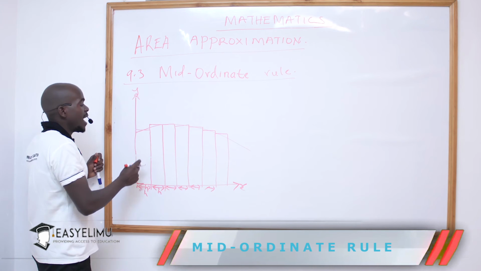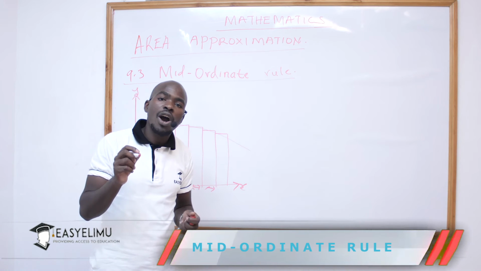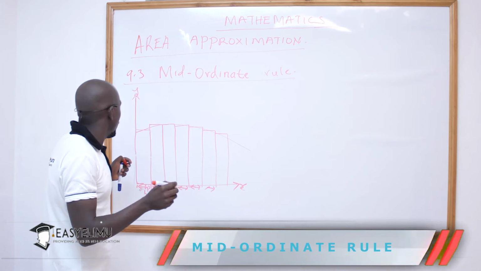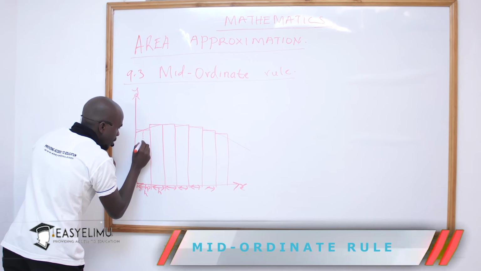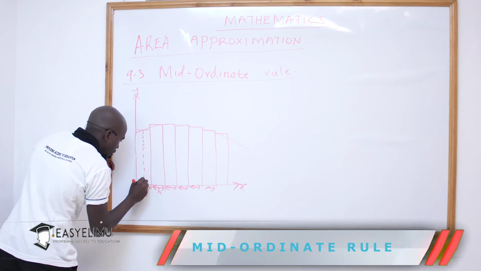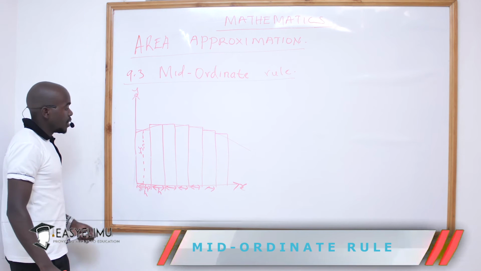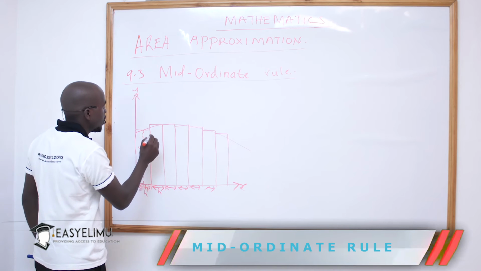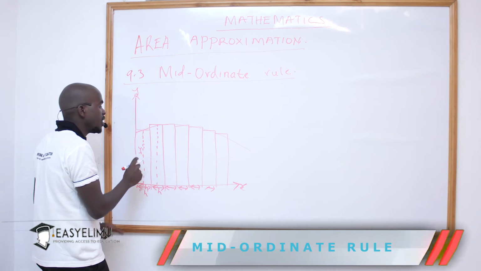Then I will identify the mid-ordinate. I will draw a vertical line, let's say that is my first vertical line, and this one will be my y1. You draw a vertical line where the two areas compensate.